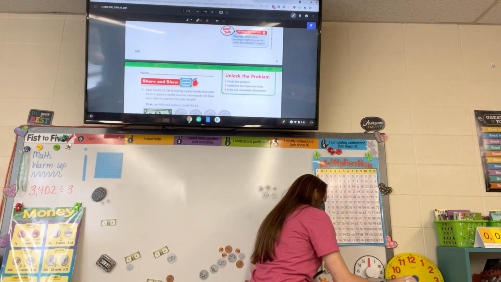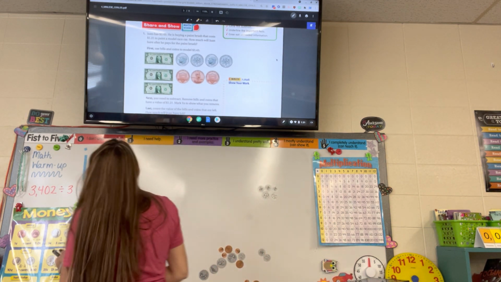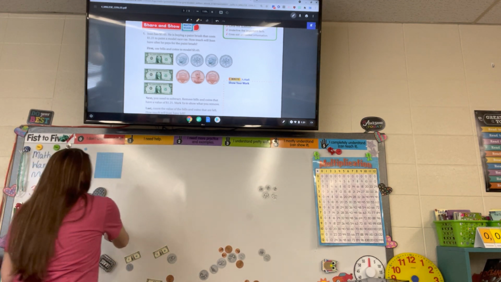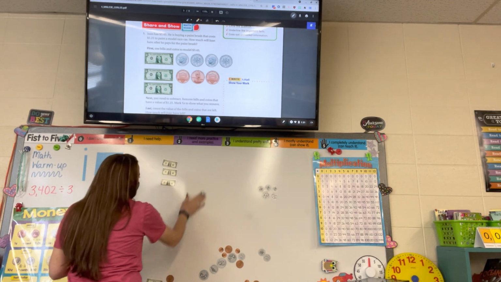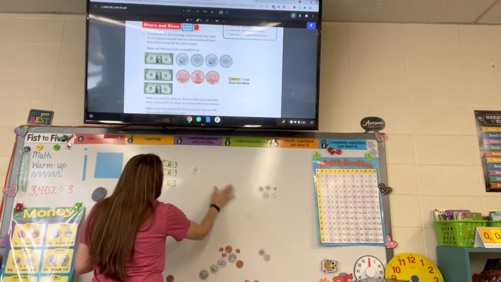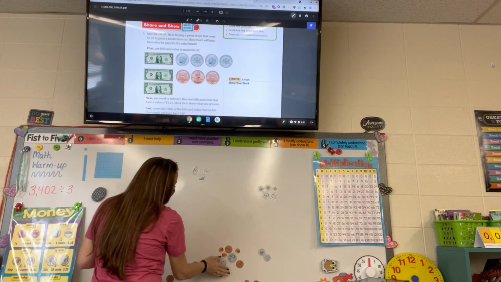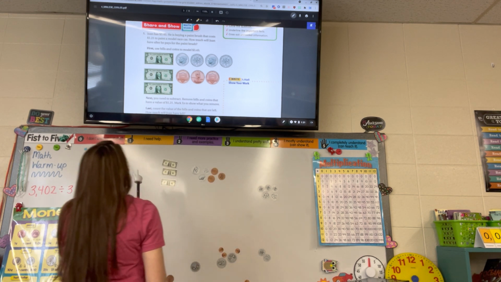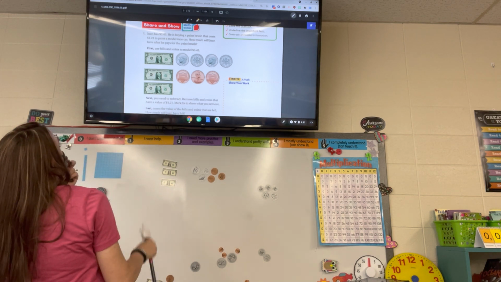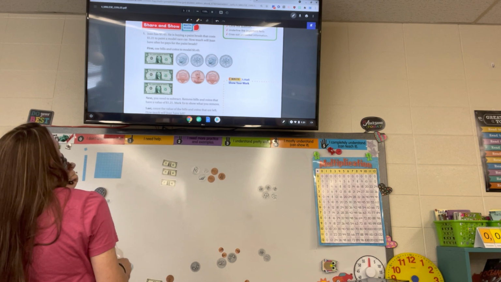All right, so Juan has $3.43. So I'm gonna model $3.25, 35, 40, 43 cents. He is buying a paintbrush that costs $1.21 to paint a model race car.